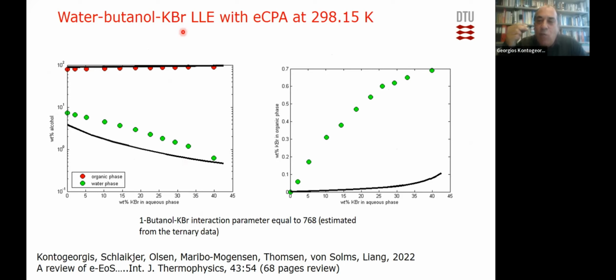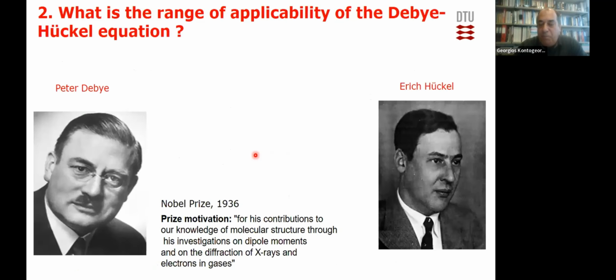So even though we have one parameter directly from those data, we cannot correctly predict all the types of phase behavior when we have mixed solvents and liquid-liquid equilibria. Again, the salt in the organic phase is a significant challenge. And we will get back into that on why this could be the reason.